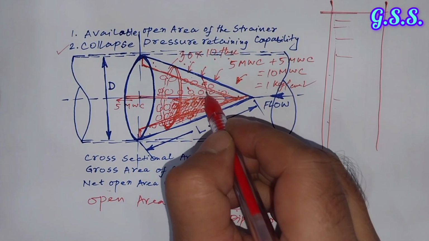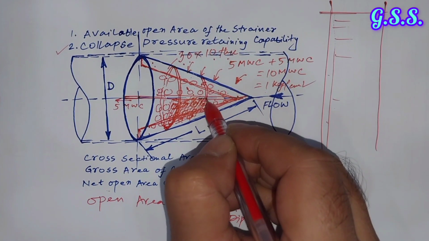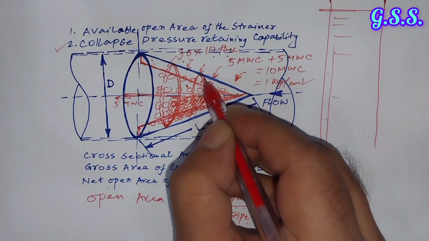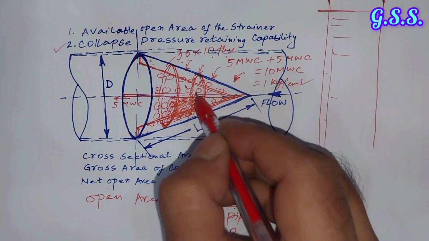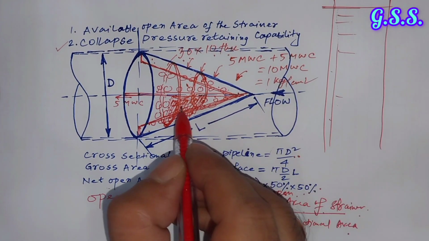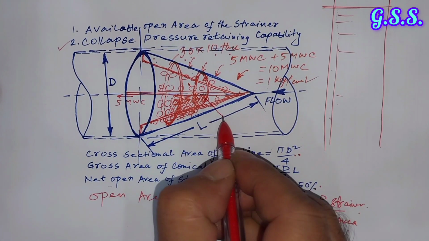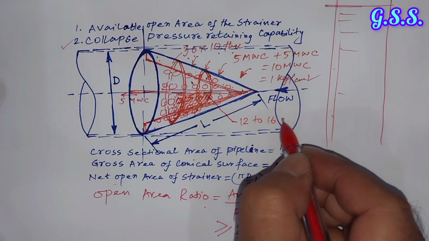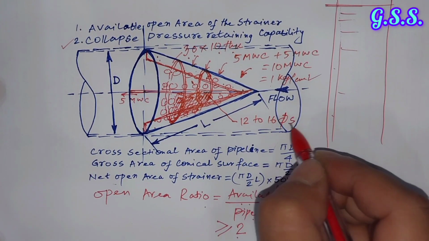And another stiffener ring, say like this. These stiffener rings are of about 12 to 16 mm dia SS rod.